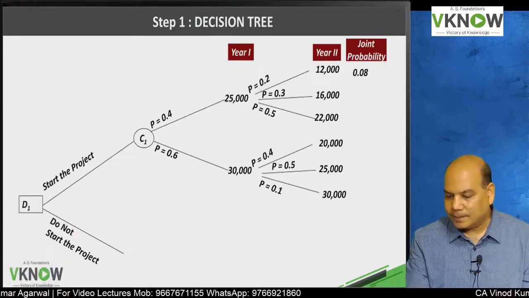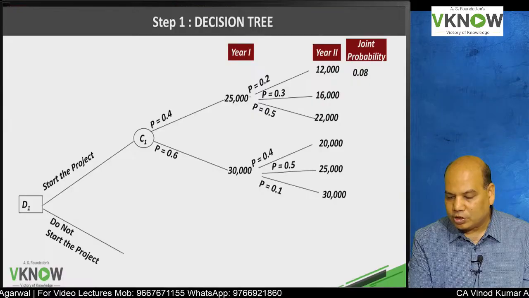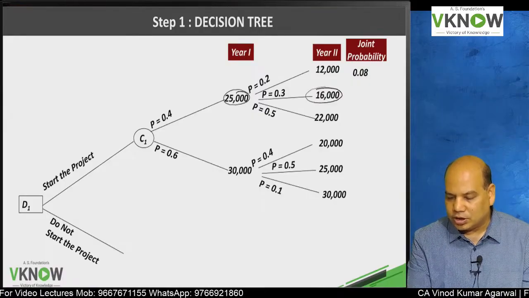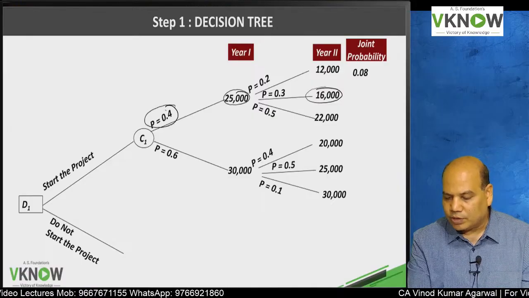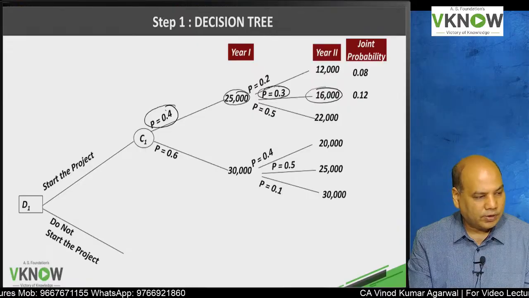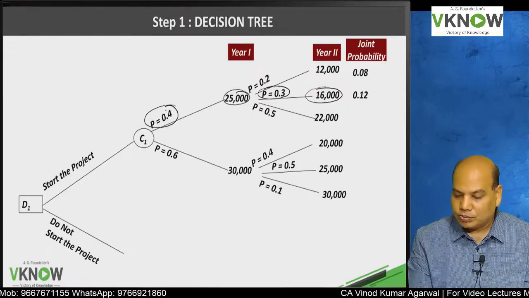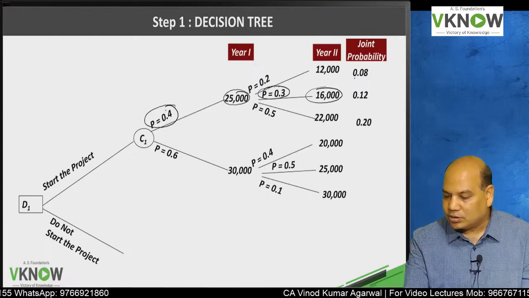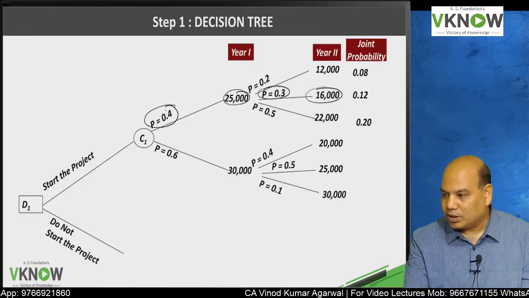Now similarly, what is the probability of getting 25,000 in year 1 and 16,000 in year 2? You will multiply 0.4 into 0.3. 0.4 into 0.3 is 0.12. Very good. Next, 0.4 into 0.5, 0.20. Just write down next to this number. This should be written on the same line so that one can understand the probability.